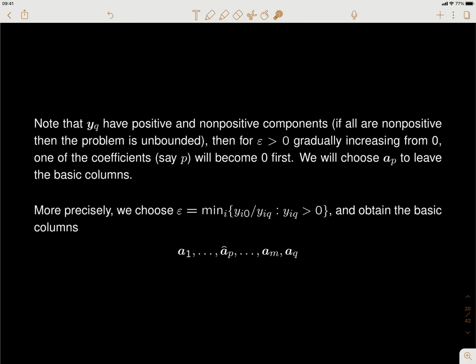So this is just repeating what I just mentioned. Look at the yq's, and then we take the component-wise division of y0 and yq, and then check the smallest value. Oh, by the way, I think I didn't mention, but you probably have realized that when I write a vector out, I need to use the vector notation.